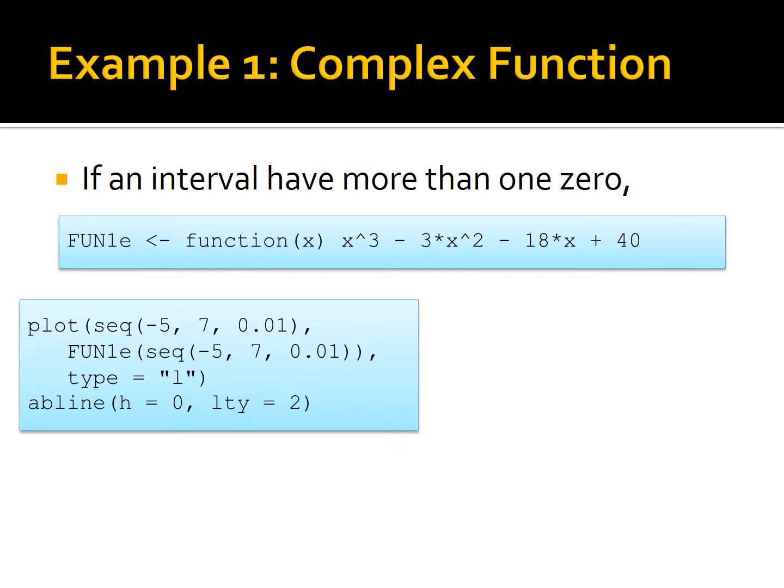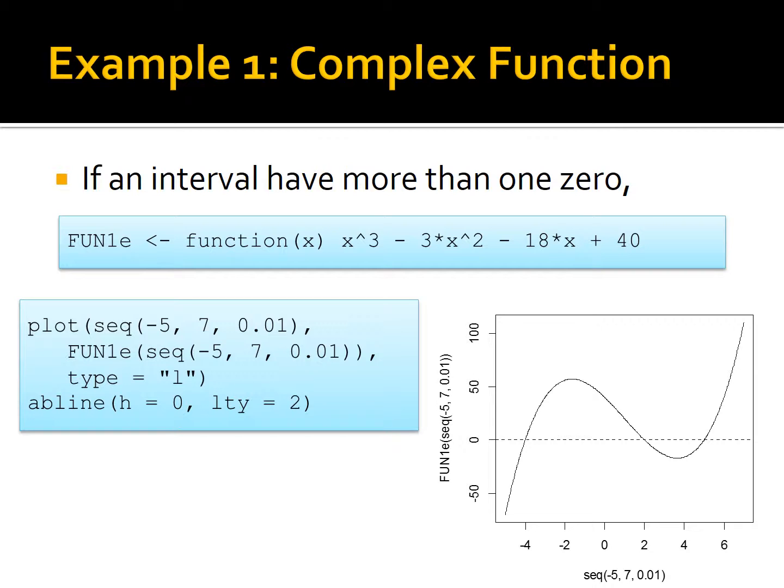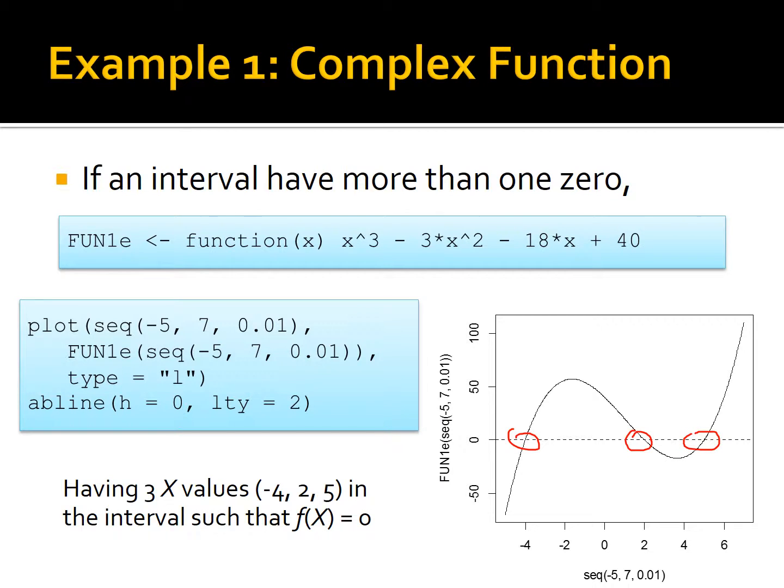When I plot this function as a sequence from negative 5 to 7 with a step of 0.01, I put the function over here, type equal to "l", and I also made the horizontal line such that y equals 0. You see that there are 3 sections inside the graph.